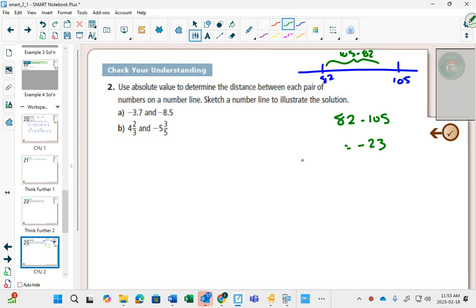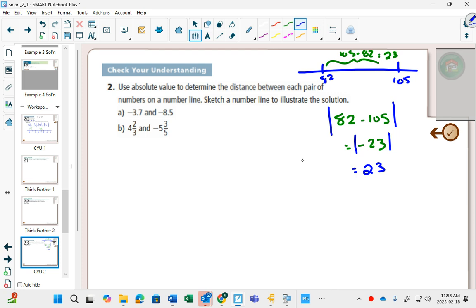What should the answer be? Positive 23. But this is where the absolute values actually come in handy, because you'd be like, oh, I should have realized 105 was bigger than 82, but I did it in the wrong order. Instead of having to erase all of it, you could just go, oh, I'm going to just add absolute values as I go, which makes this 23, and I'm okay.